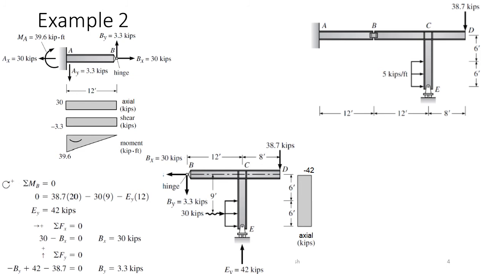Meanwhile, if we look at the other members, if we look at member CE, so if I take any section between C and E, I'll see the axial force is negative 42 kips, which is the reaction. If I take a section just above E, I will see zero shear force, because this is a roller support.